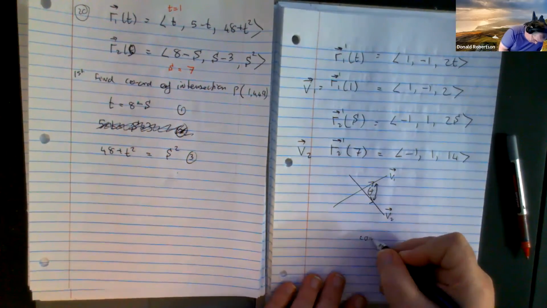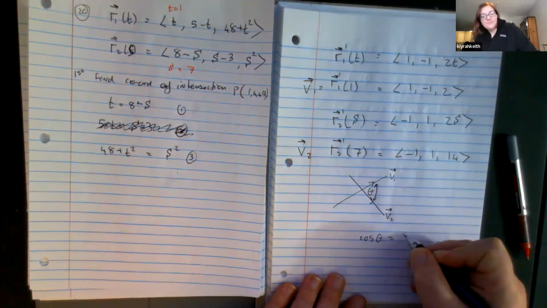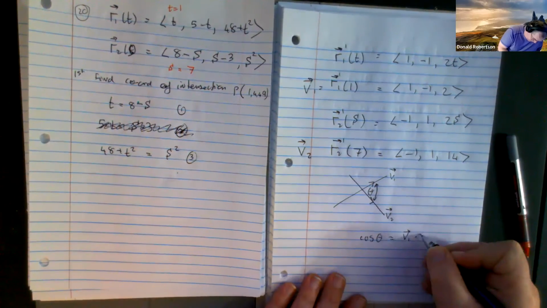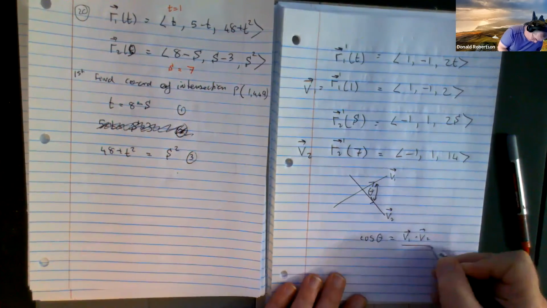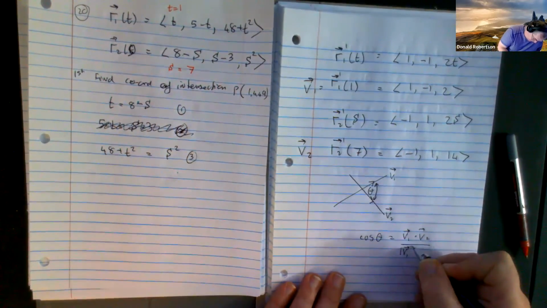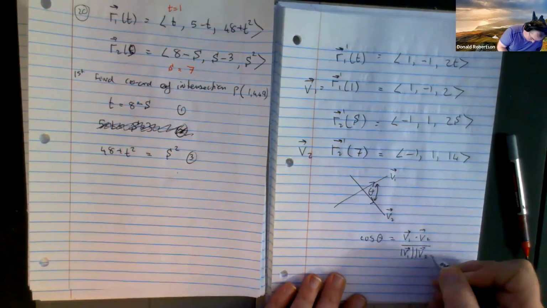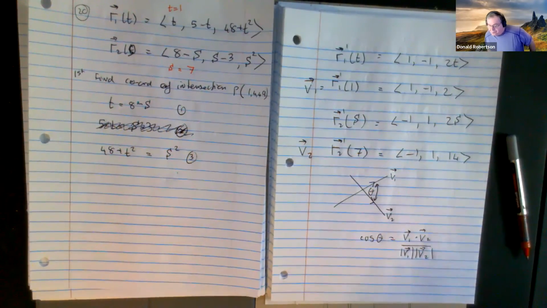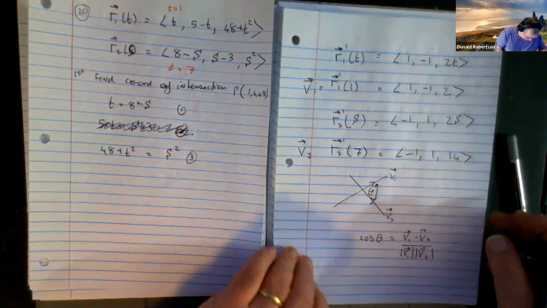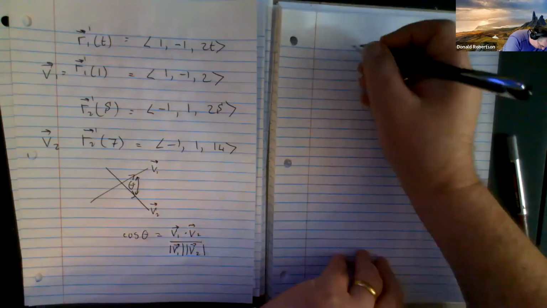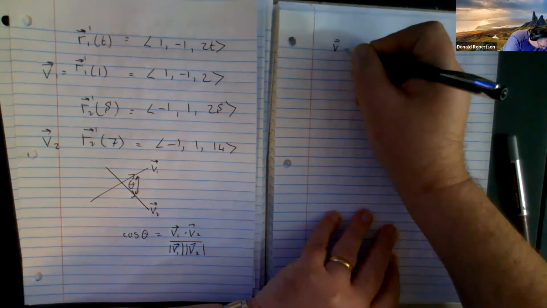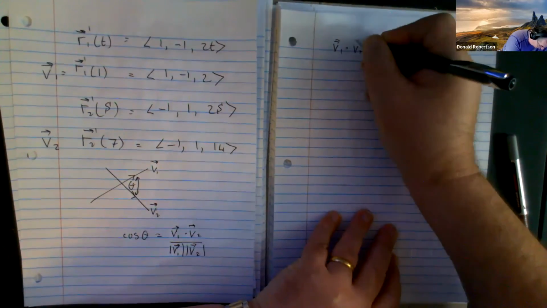So cosine of theta is the dot product divided by the magnitude. You remember that guy? Okay, so what we're looking at here, well, I guess I'll need to find the dot product, so I'll do that.